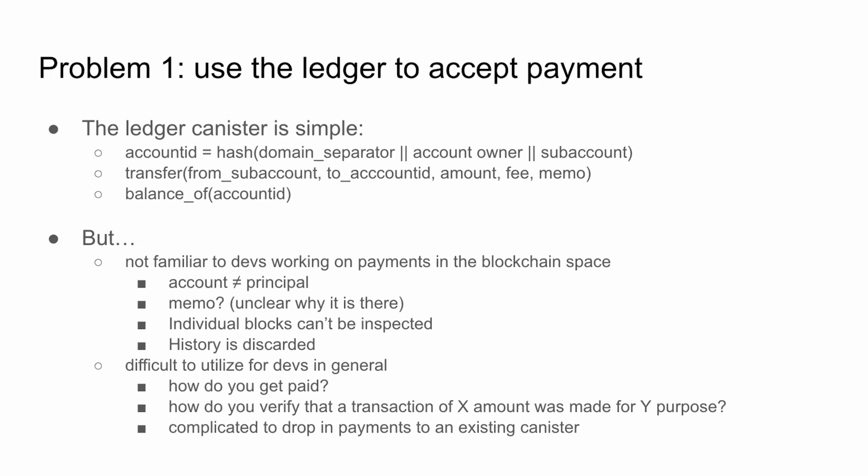And for devs in general, it takes quite a bit of setup in addition to their dapp's core logic to be able to integrate with the Ledger. Solutions of how do I verify that a discrete transaction has occurred are not necessarily the most simple.